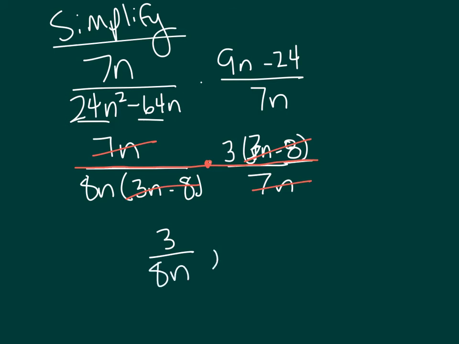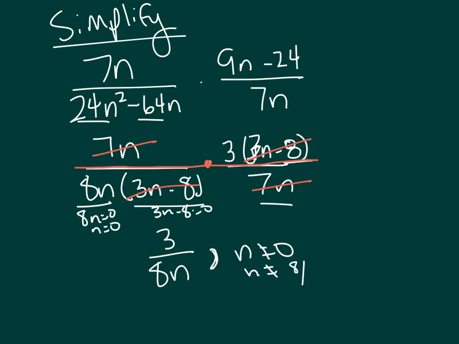And then we know that we need to figure out where our original factors of our denominator were undefined. So obviously, n cannot equal 0. If we have 3n minus 8 equals 0, then n cannot equal 8/3, and the 7n is going to just lead to another 0.